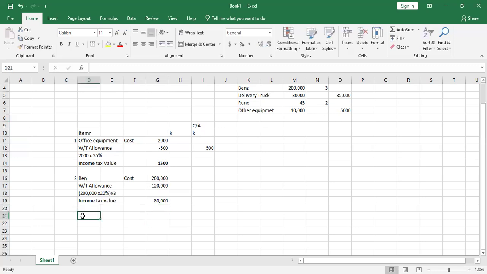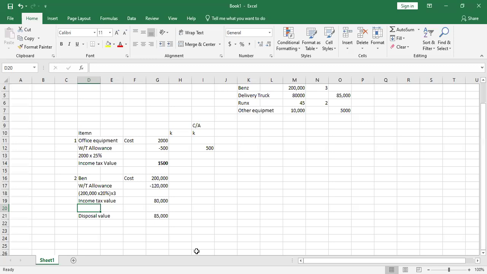So the disposal value is 85,000, right? So now, what are we going to find here? Because here the notes tell us if the disposal value exceeds the income tax value, it means we're going to have a balancing charge.